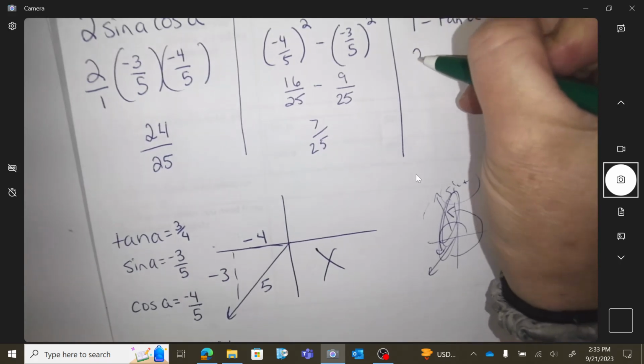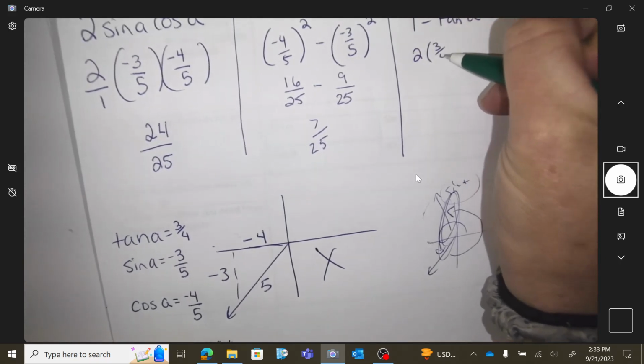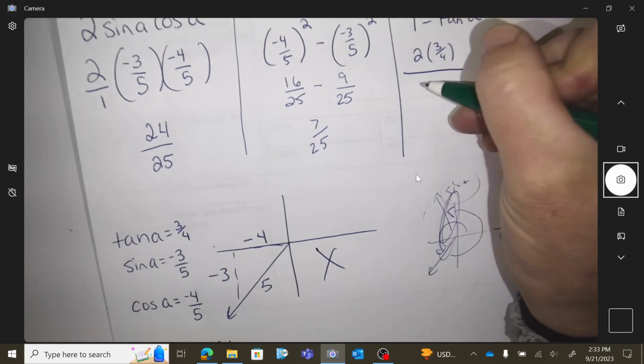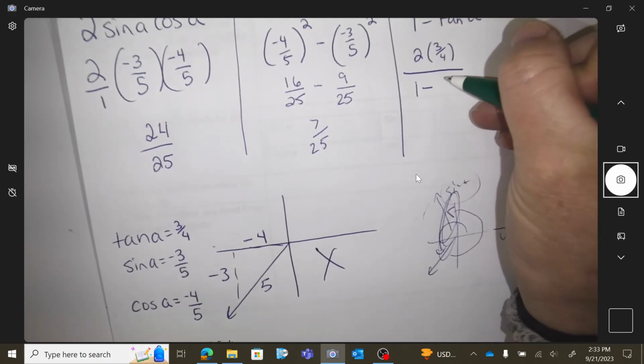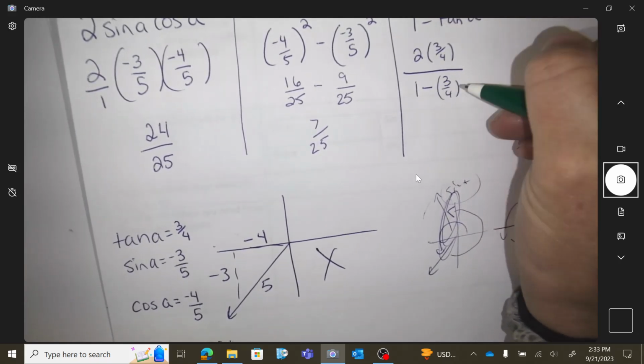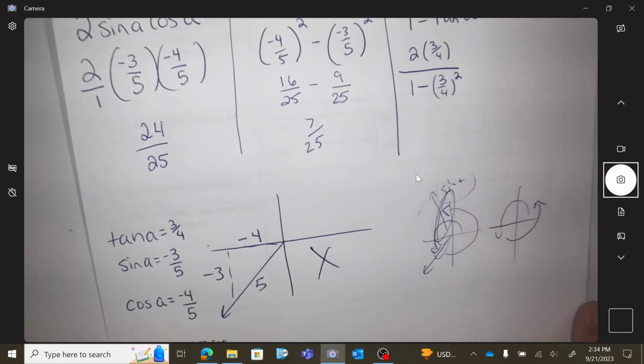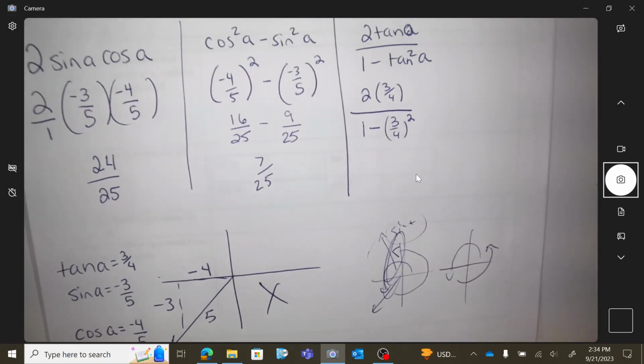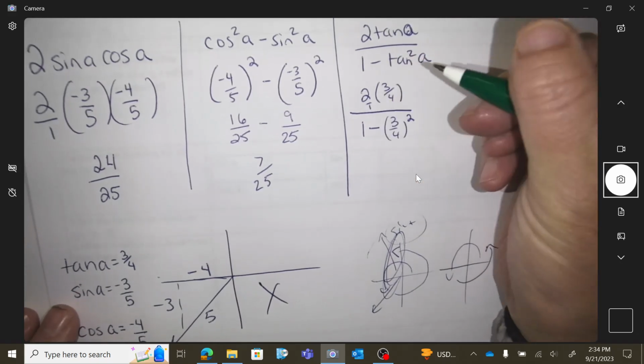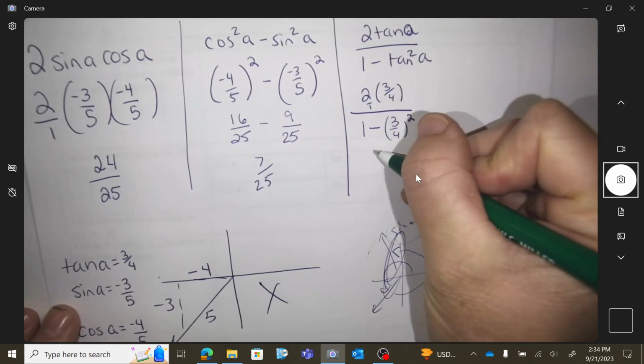Okay, so we're going to go 2 times the 3/4 divided by 1 minus 3/4 squared. So then, this is a 6/4.